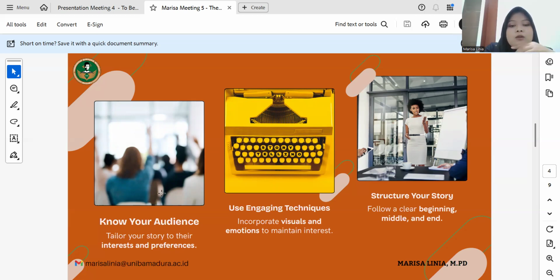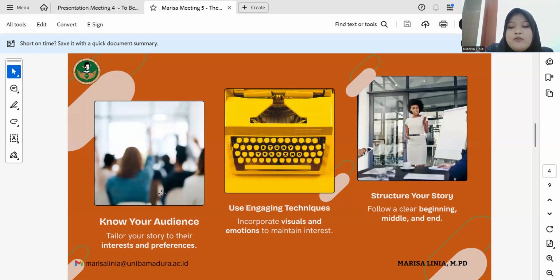For the second one, we have use engaging techniques. Incorporate visuals and also emotions to maintain the interest of the people. And the last one is structure your story. Follow a clear structure of storytelling, so it will be the beginning, the middle, and also the end of the story.